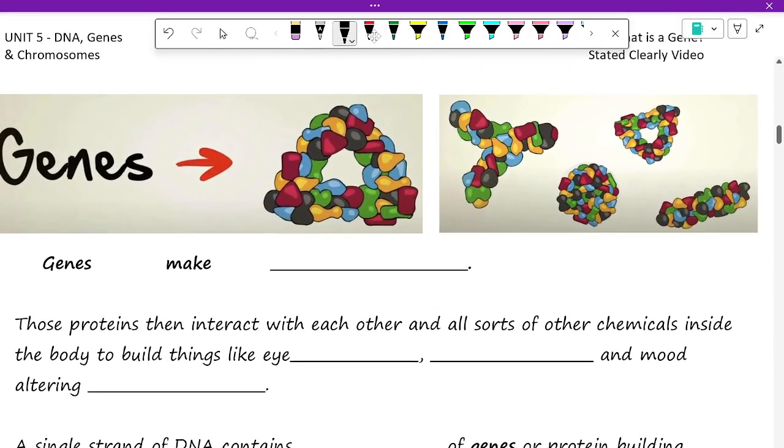Genes make proteins. Those proteins interact with each other and all sorts of other chemicals inside the body to build things like eye color.